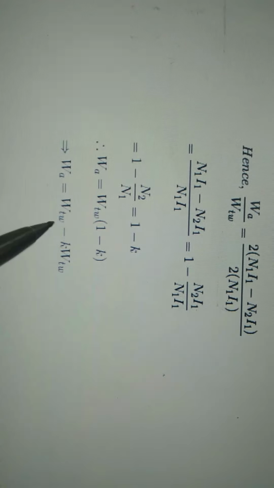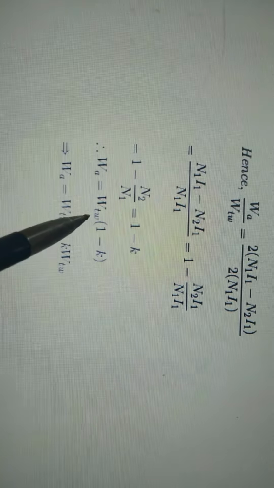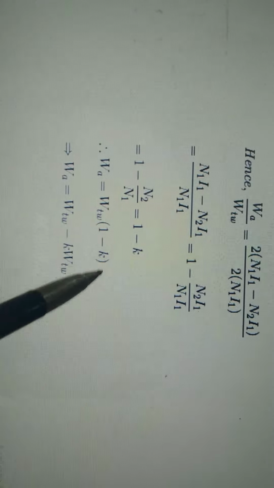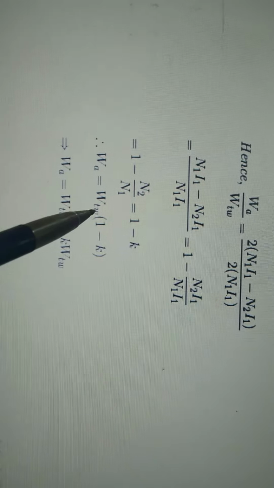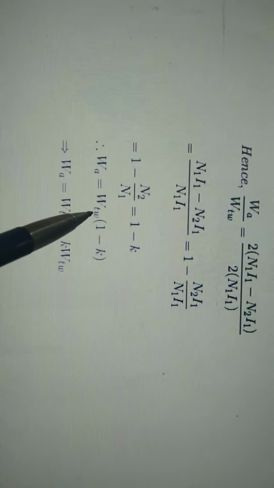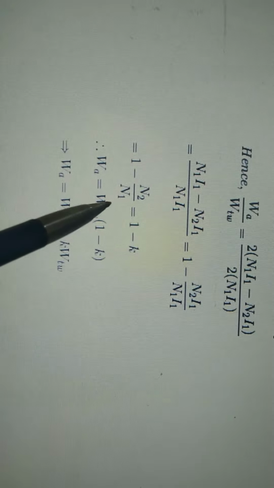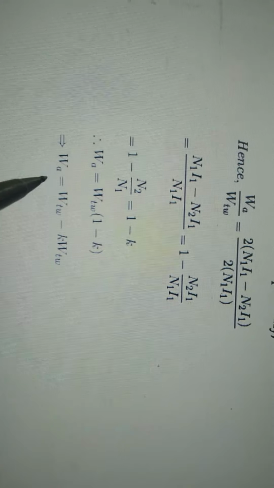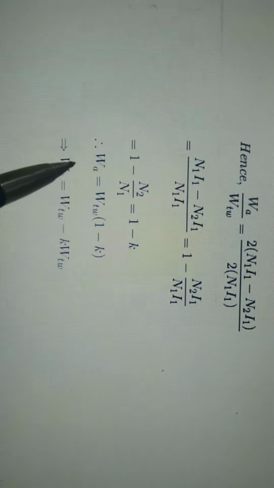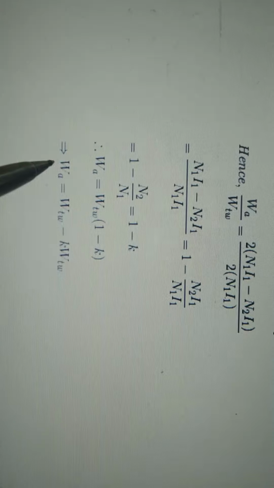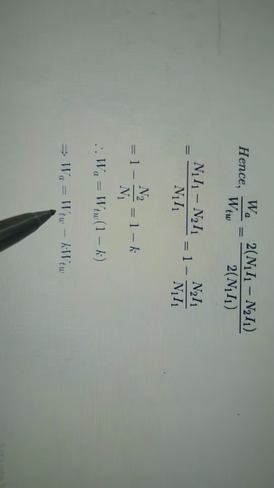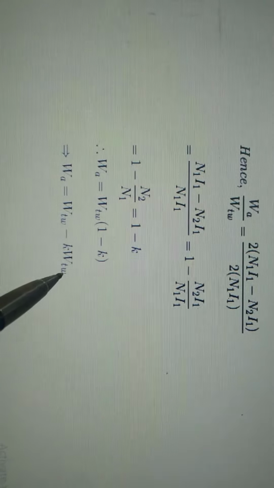From that we can write that the weight of copper of the auto transformer is equal to (1 minus K) times the weight of copper of the two winding transformer. Simplifying, the weight of copper of the auto transformer equals WTW minus K WTW.